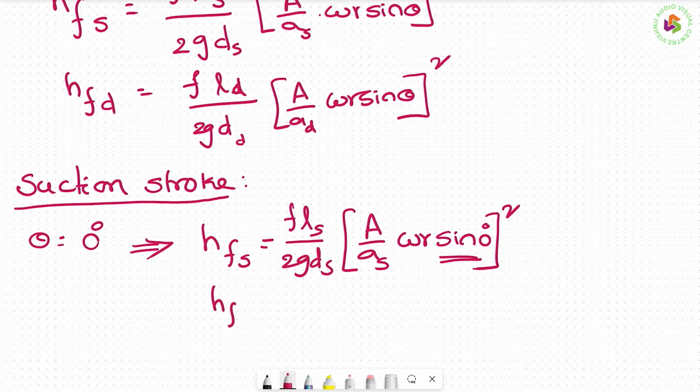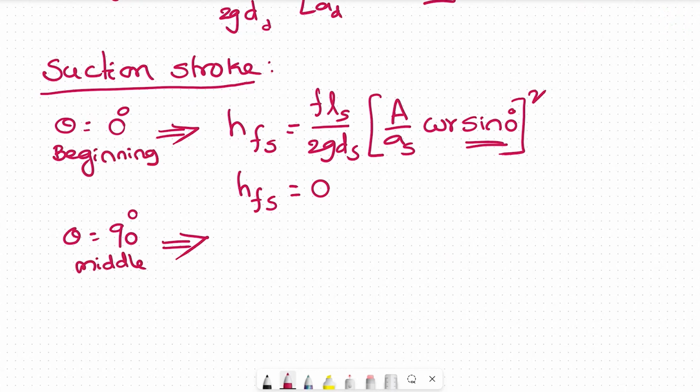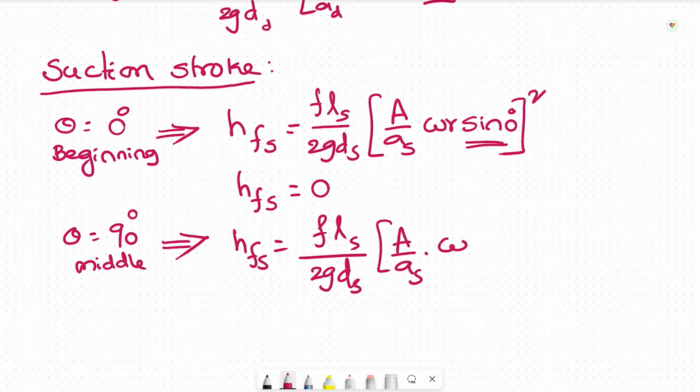Therefore hfs is equal to 0. When theta is equal to 90, that is at the middle, hfs is equal to f ls by 2 g ds into A by as omega r sine 90 whole square.